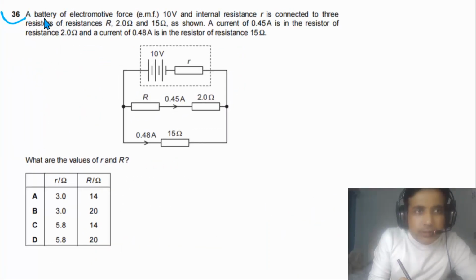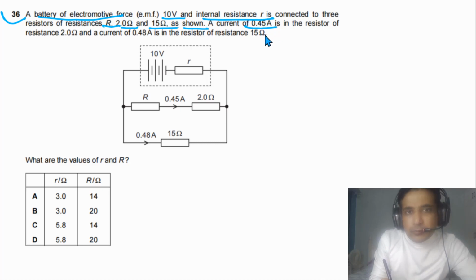Question 36 says a battery of electromotive force 10 volts and internal resistance small r is connected to three resistors of resistance capital R, 2.0 ohms and 15 ohms as shown in the figure. A current of 0.45 amps is in the resistor of resistance 2.0 ohms and a current of 0.48 amps is in the resistor of resistance 15 ohms.